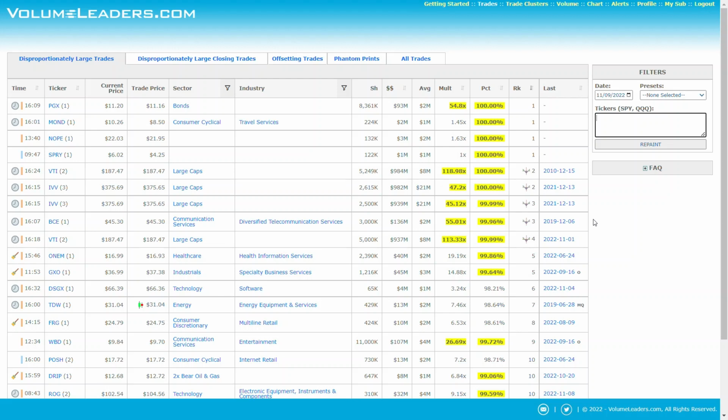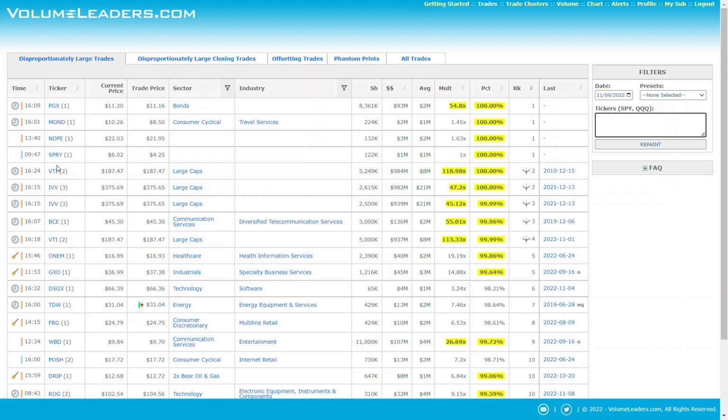So we can see here that IVV had 2.5 million shares and 2.6 million shares, 930 million and 980 million. So combined, we're looking at $1.8 billion committed at 4:15 p.m. on an ETF that is comprised of growth stocks. This particular ETF is Apple and Microsoft and Google and Amazon and all the big boys. So this caught my eye.